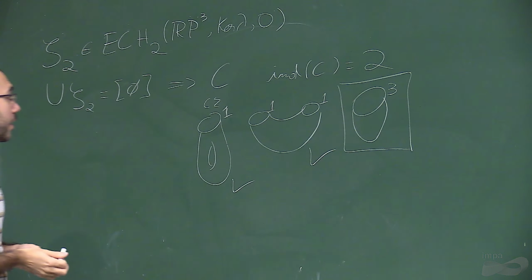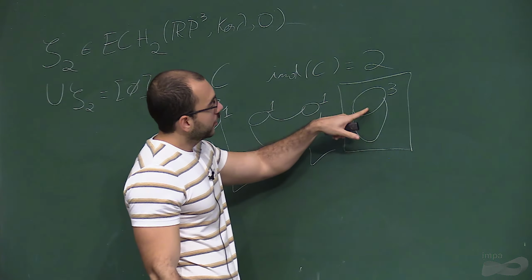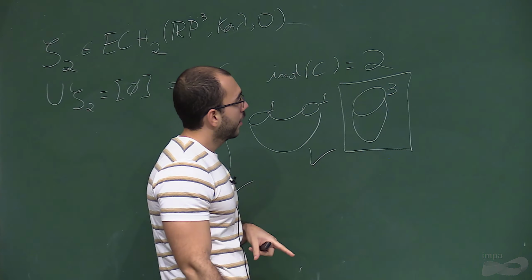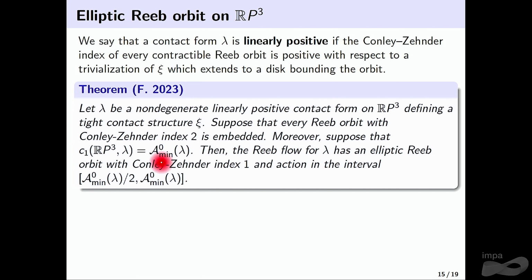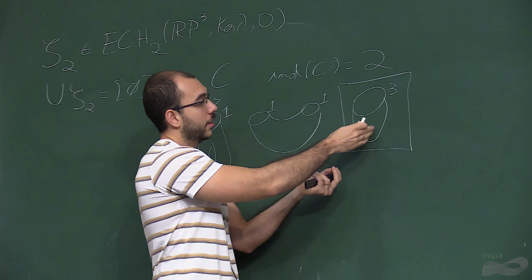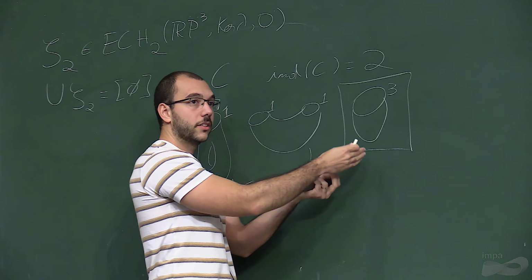It's simpler. So suppose it were simple. From the fact that c_1 is equal to the minimal action, you can conclude that the connected component of the moduli space of these planes is compact.